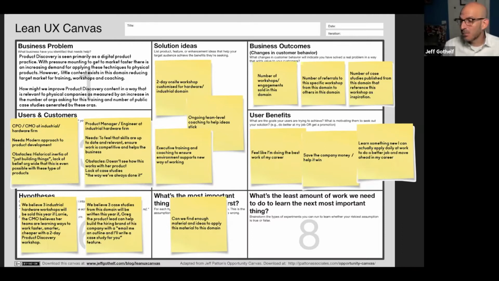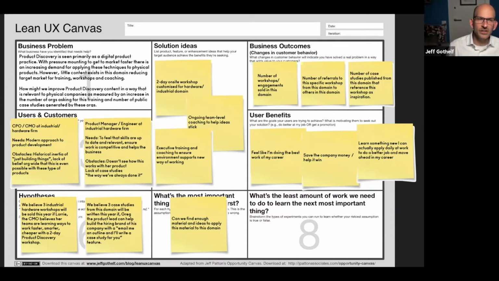And so we need to go looking for it. And then box number 8 is where we start to design our experiments, right? The question then becomes, what's the least amount of work we need to do to learn the next most important thing, the thing in box number 7? How do we learn that the fastest way? And the answer to this question is your experiment, or what Eric Ries called in the Lean Startup your MVP, right? It's how we test the idea.